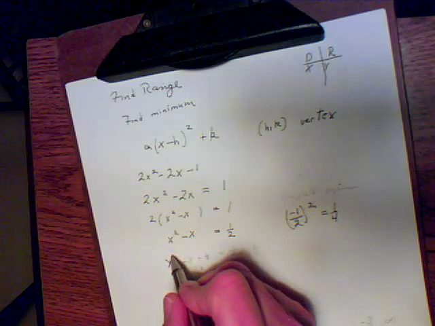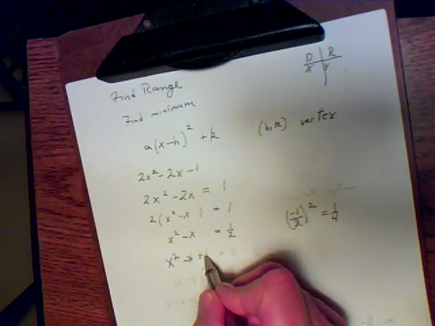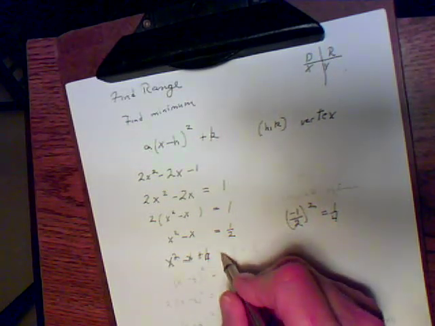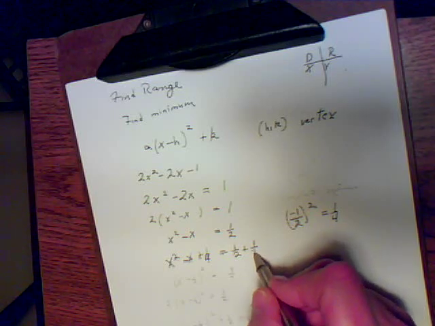So that's x squared minus x plus 1/4 is equal to 1/2 plus 1/4.